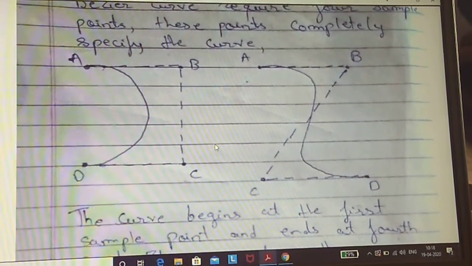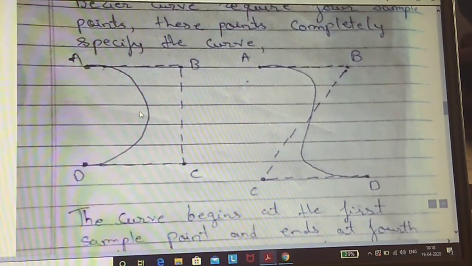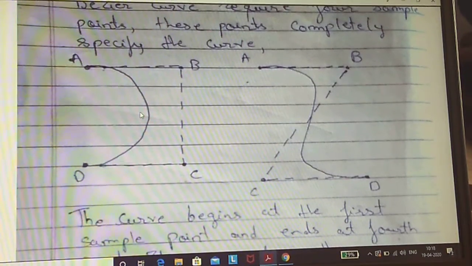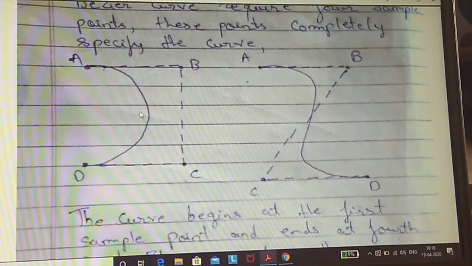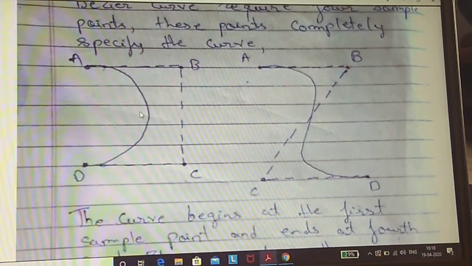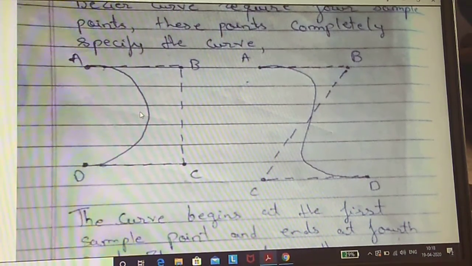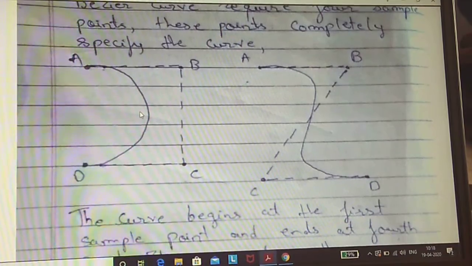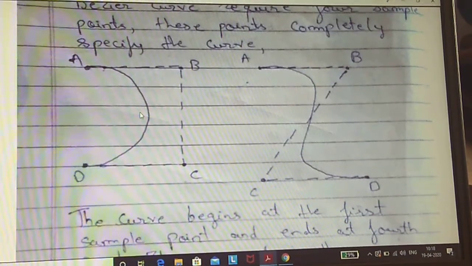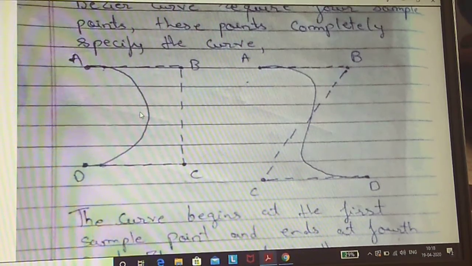So I'll repeat with these names so you'll understand easily. Suppose 4 points A, B, C, D in the plane define a cubic Bezier curve. The curve starts at A going through B and arrives at D coming from C. Usually it will not pass through B and C. These points are only there to provide directional information.